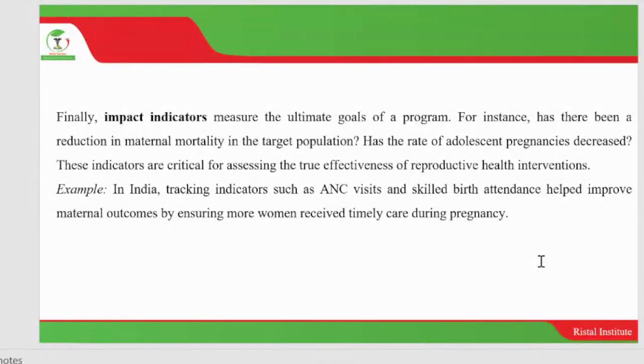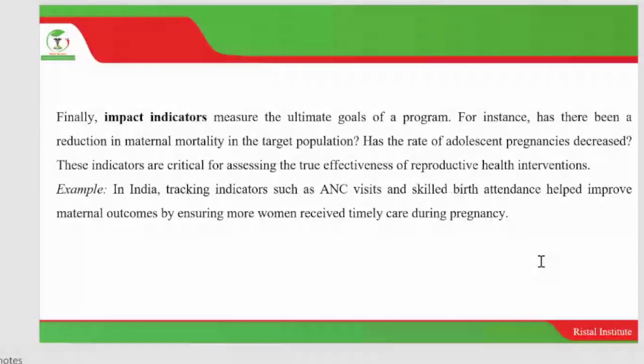In other words, if you're tracking an output indicator such as antenatal care visits or skilled birth attendance, you'll know whether women are attending ANC visits timely or having skilled birth attendance, and then your ultimate goal of reduced maternal mortality, or deaths within the health facility or within that context you're working in.